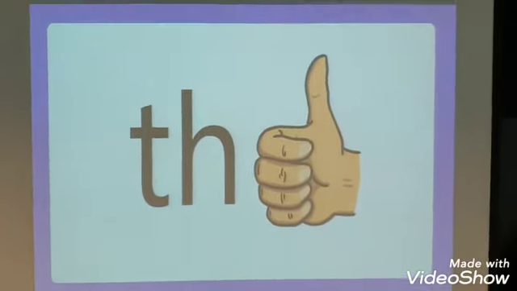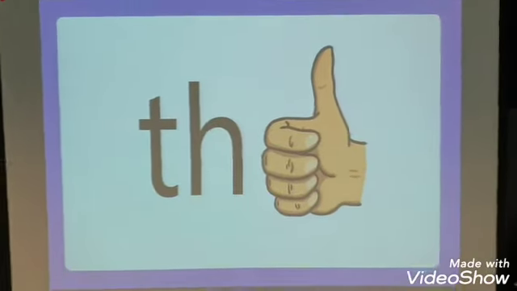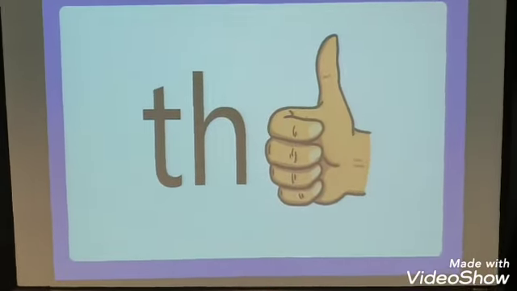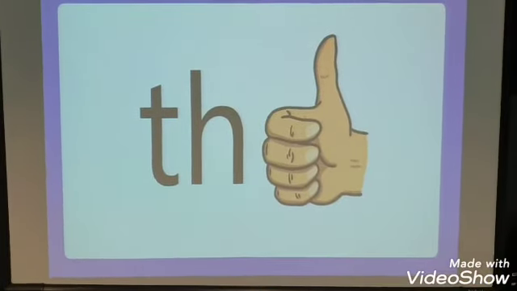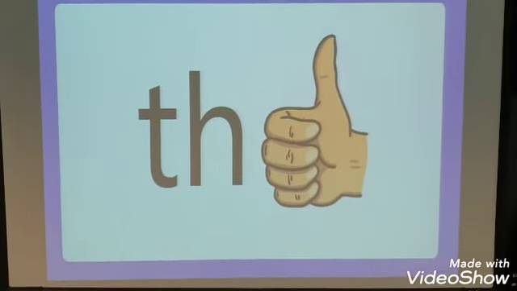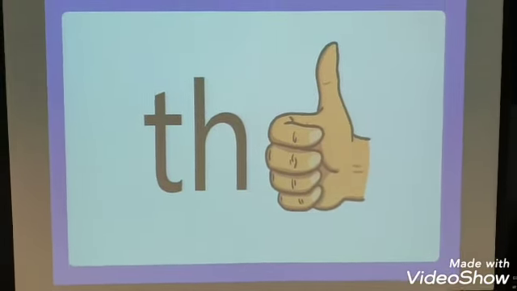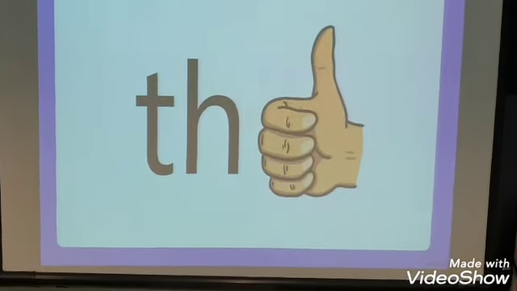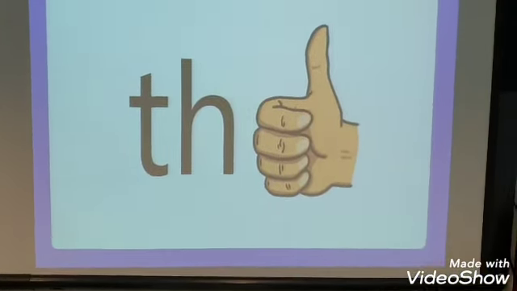But remember, the th sound is when your tongue is sticking out and your teeth are on your tongue. Now, this word would be thumb. But we're not going to write the word thumb unless you would like to write that as well.